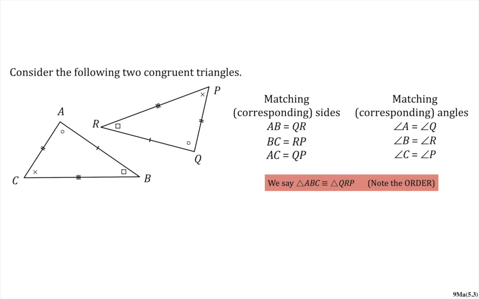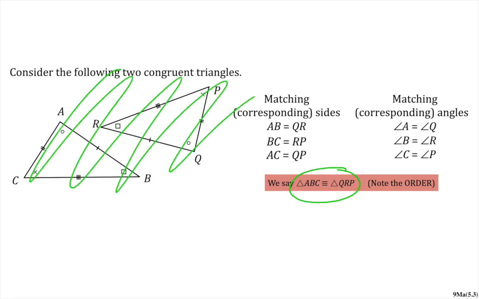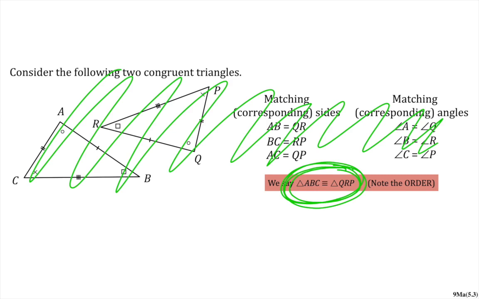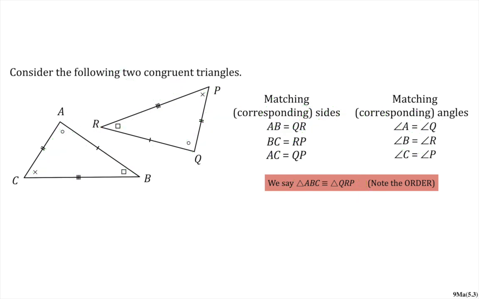And you could also go the side length from A to C matches with the side length from Q to P. There's a match. So really, if I have that written down, I don't need any of that information there. I know all of that information if I know how to read my congruence statement. Obviously I want it all because it's there and it's easier to see, but I don't need it all. I could actually generate it.